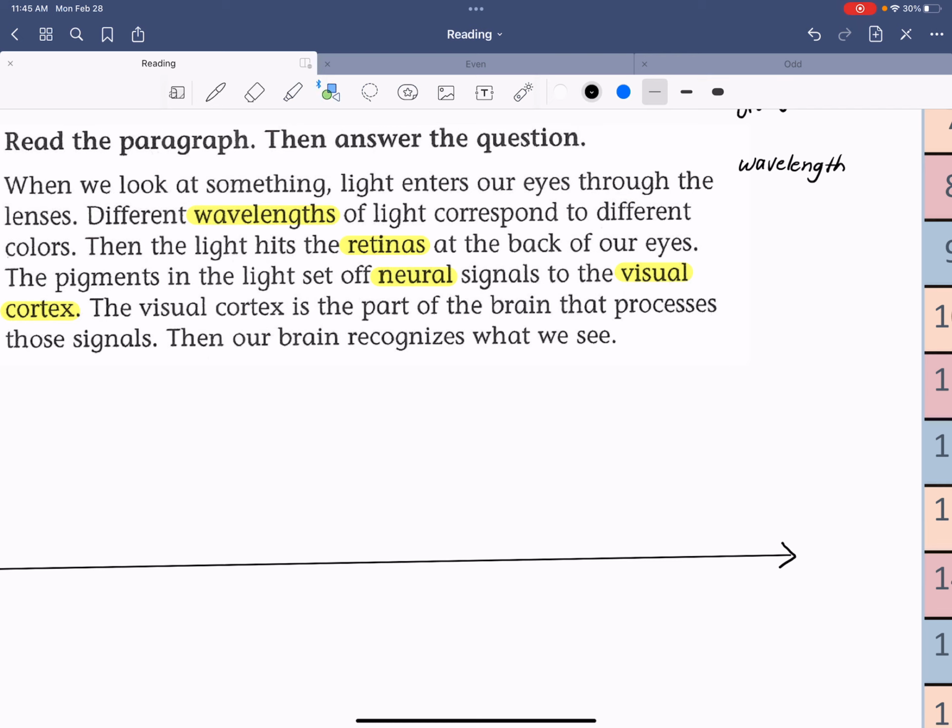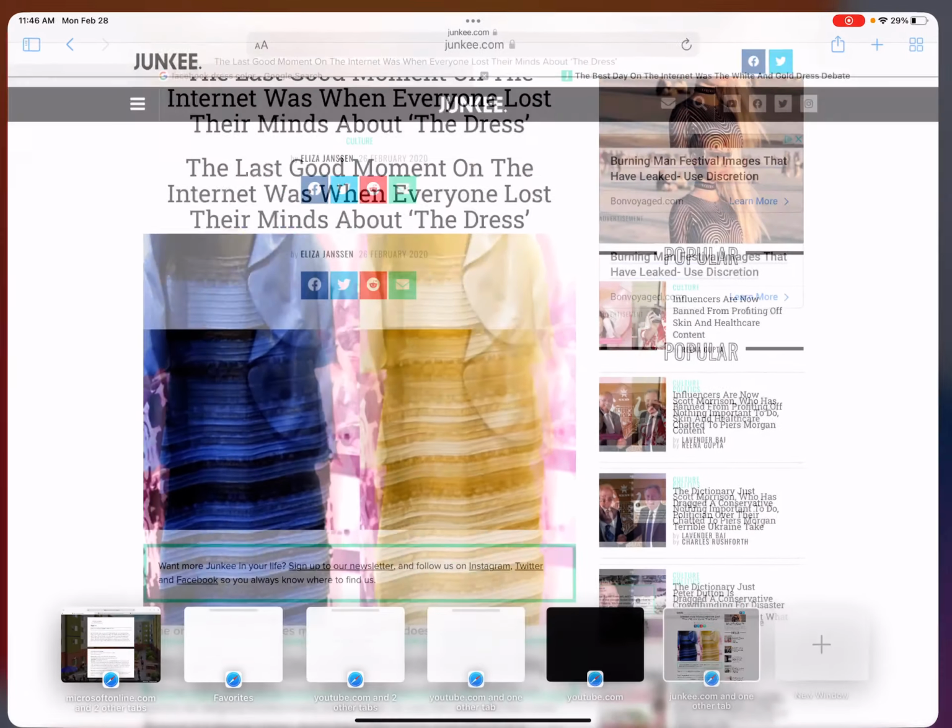A wavelength is the length of a single wave. And you say, okay, that doesn't make any more sense than it did before. That's a tough definition. Let me show you an example of that.